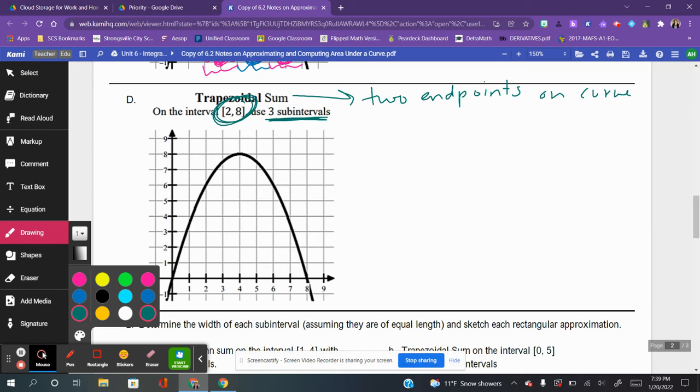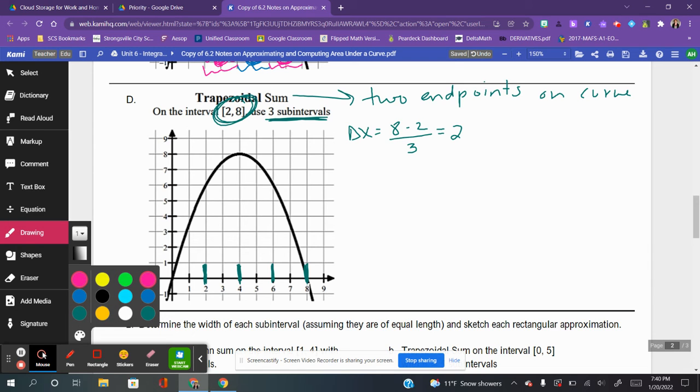Okay, and my delta x is still the same, right? 8 minus 2 divided by 3, and so 2. And so I can still get myself set up down here, right? Each are going to have a width of 2. I'm going to have 3 trapezoids sitting here.